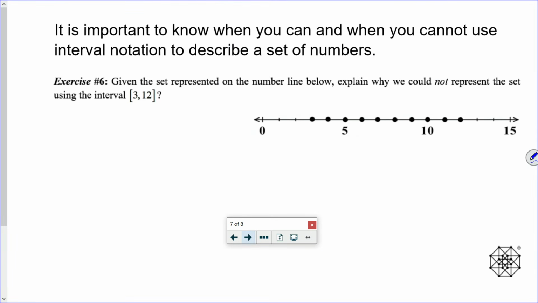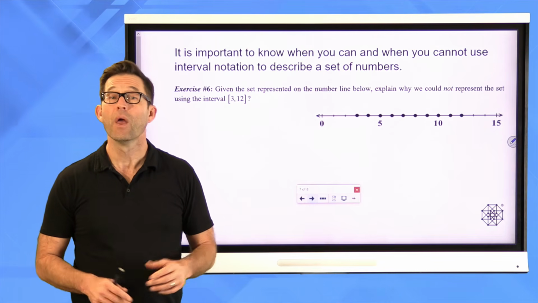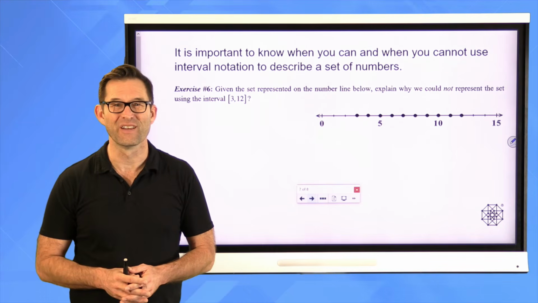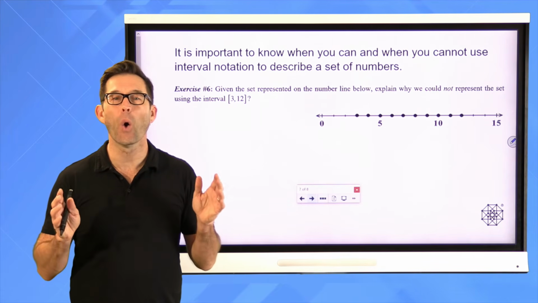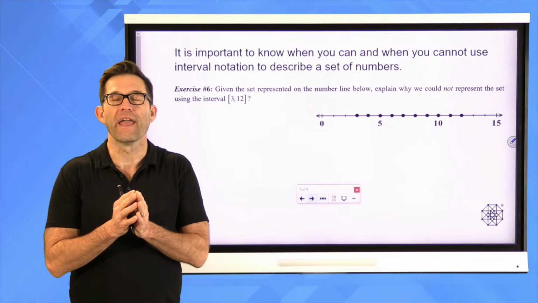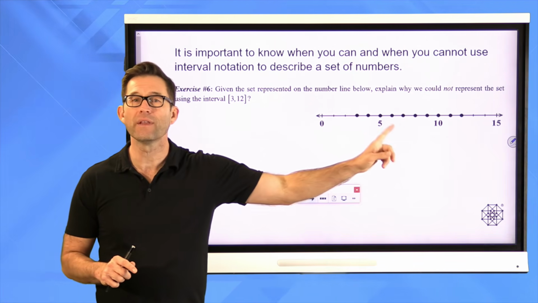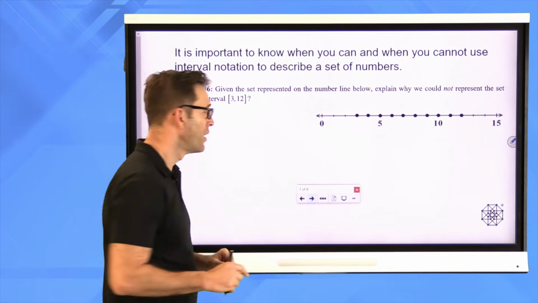All right, well, it's very, very simple, as long as you're comfortable with interval notation. Interval notation can only be used for a continuous set of real numbers, but this set only includes integers, okay?